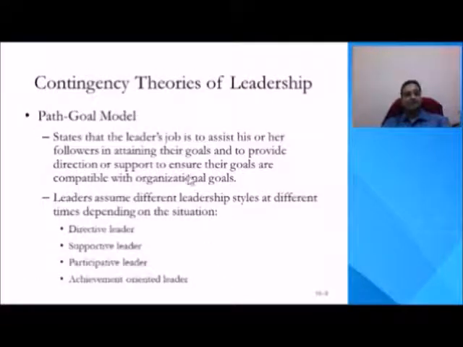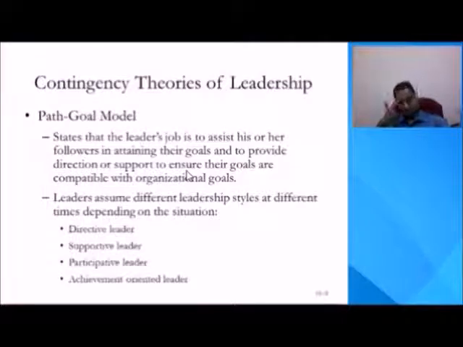Next set of theories is the path goal model. The path goal model states that it is the job of a leader to assist his followers to attain their goals and provide direction and support to ensure that their goals are compatible with organizational goals.